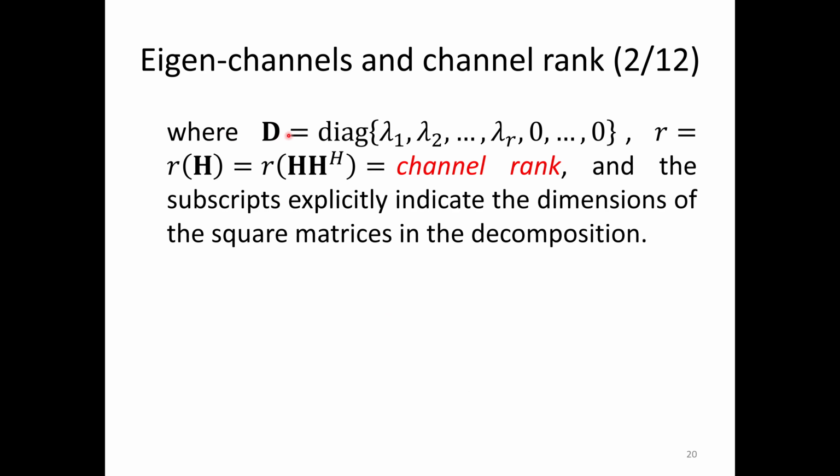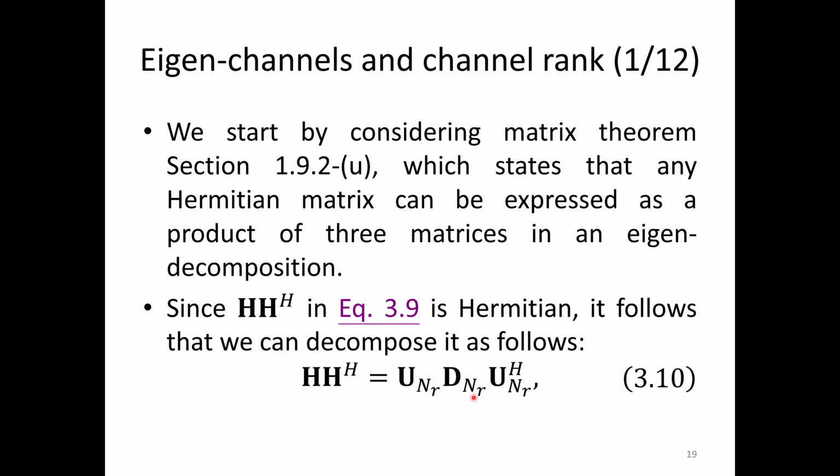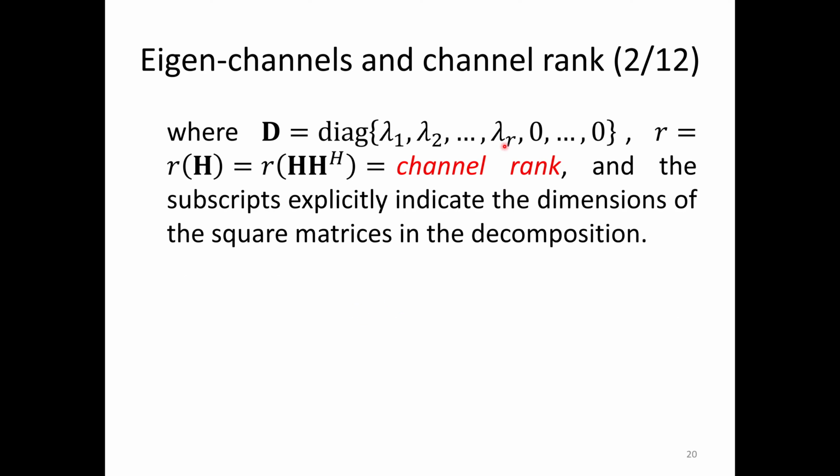Where D is a diagonal matrix and its diagonal elements are lambda 1, lambda 2 to lambda r and some zeros, and the number of zeros here is equal to NR minus R, and R is equal to R of H, which is equal to R of H times H Hermitian.